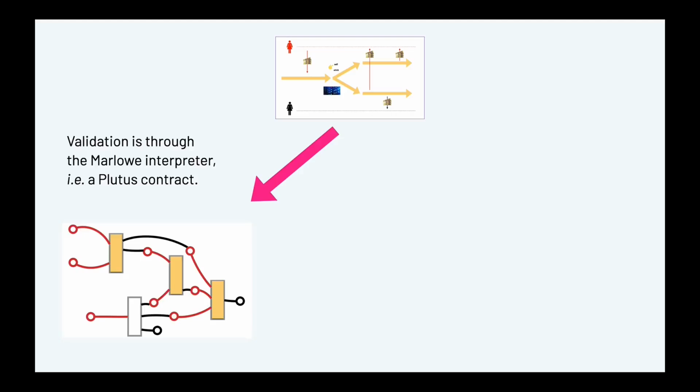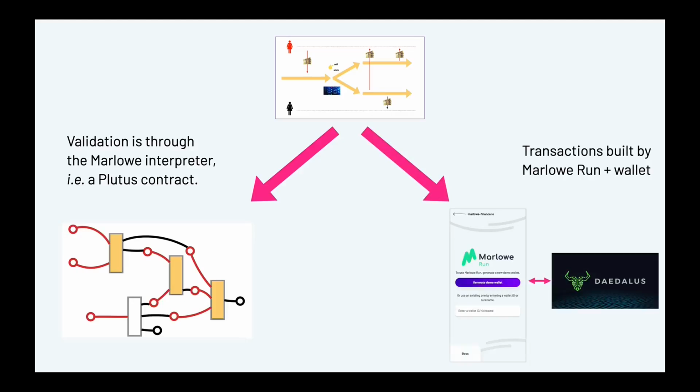Now obviously off-chain, there's a component as well. So we have Marlowe Run. We'll have to build the transactions that meet the validation step on chain. And if and when the contract requires crypto assets, we will have off-chain to ensure that transactions are appropriately signed, so that we will have authorization for spending crypto assets effectively.